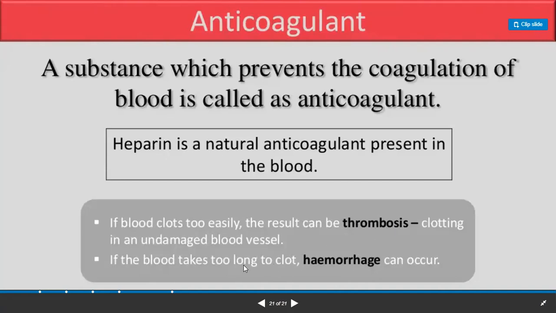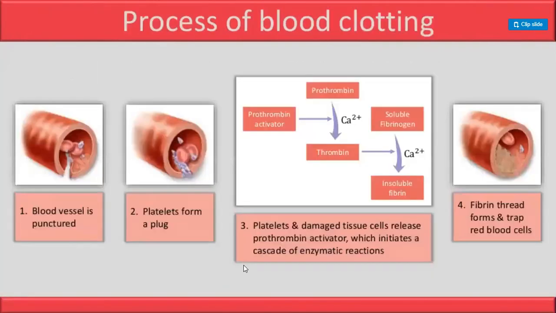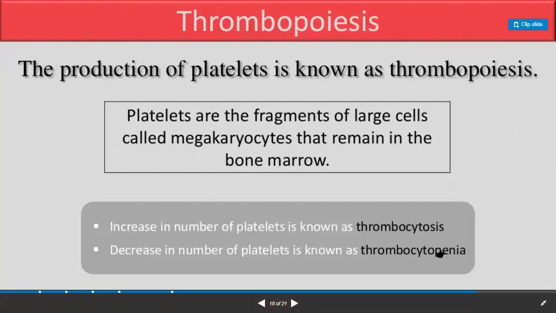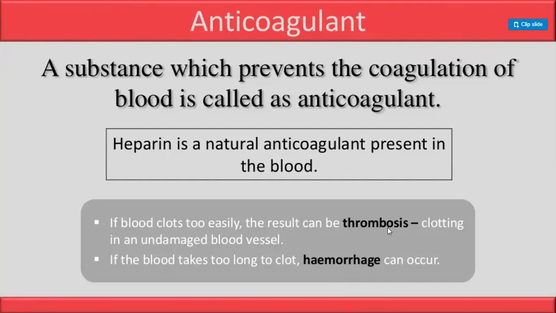When I have thrombocytopenia, decreased amount of platelets, what will happen will be hemorrhage, because there are not enough platelets to clot blood. And when we have thrombocytosis, what will happen will be what? Thrombosis.